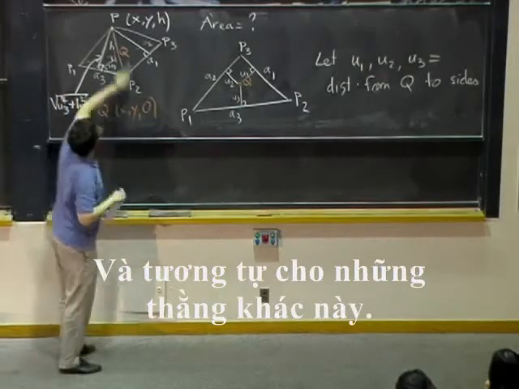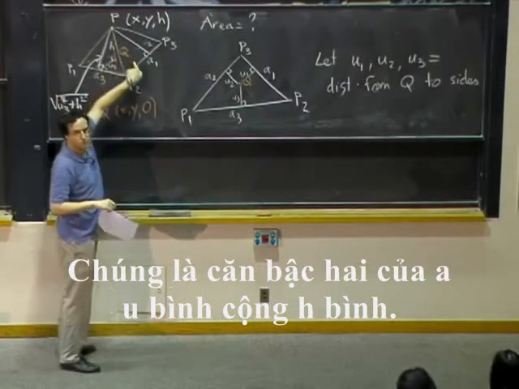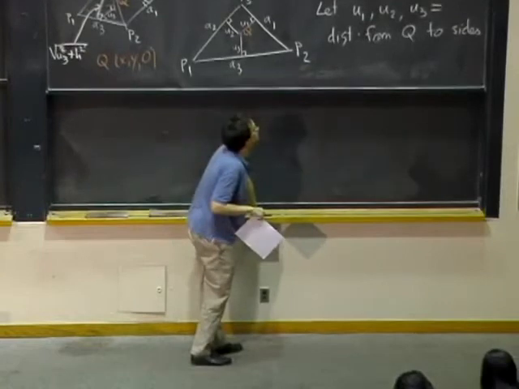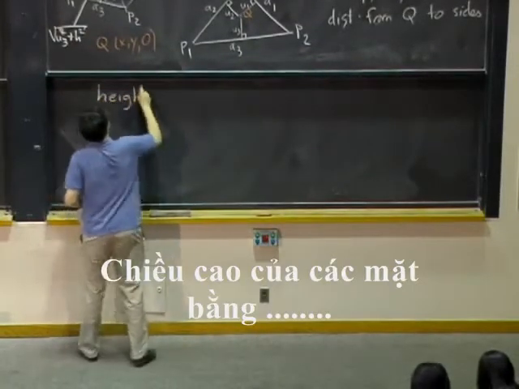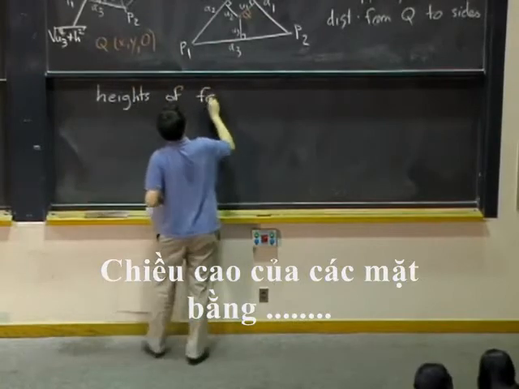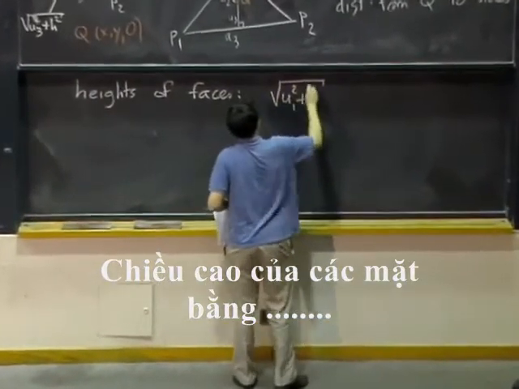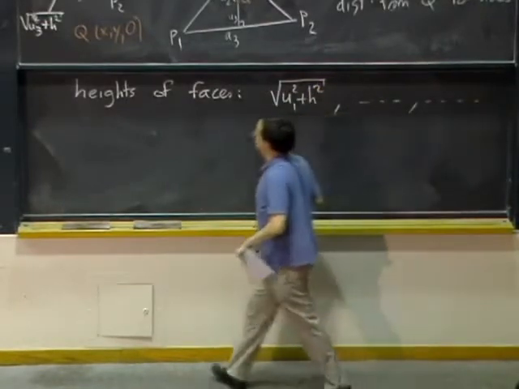And similarly for these other guys, they're square roots of U squared plus H squared. Okay? So the heights of the faces are the square root of U1 squared plus H squared, and similarly with U2 and U3.